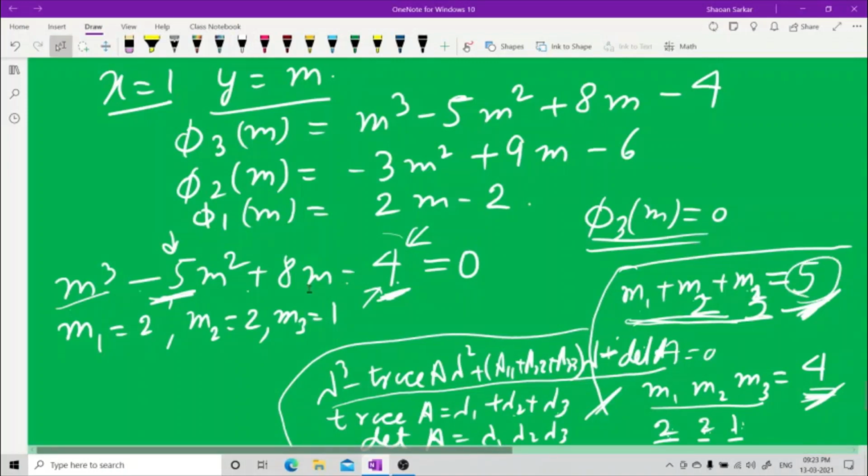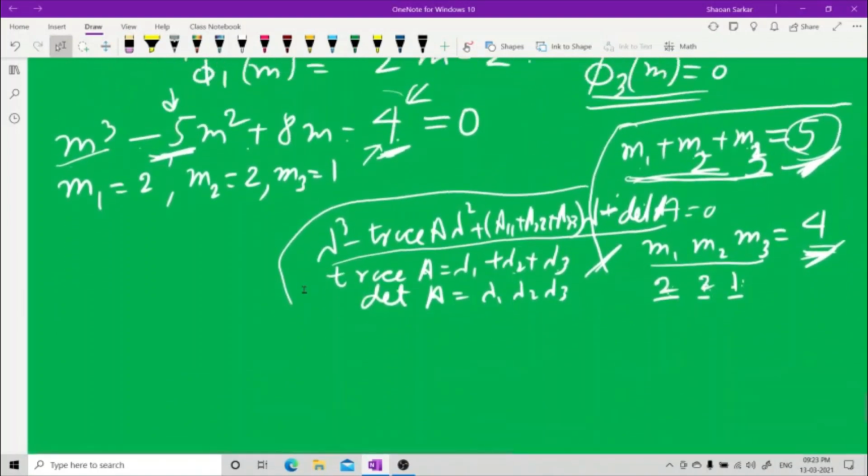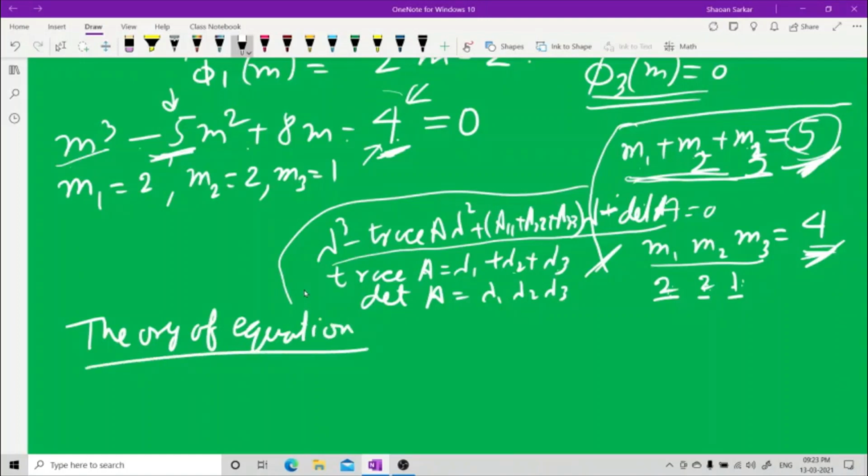Wait a minute for you. In theory of equation, I am doing this. See, suppose m1, m2, m3 are roots.